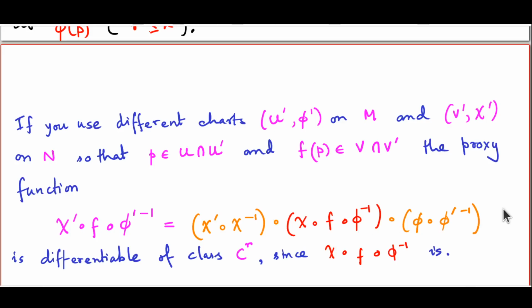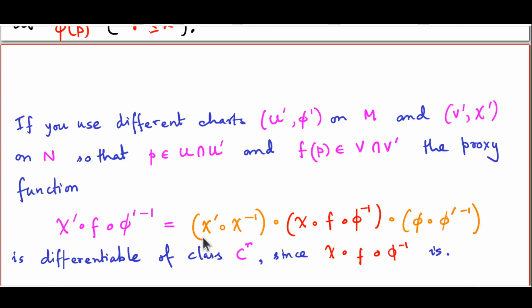Notice phi composite phi prime inverse is nothing but the transition function between the charts U prime, phi prime and U, phi on M, and because M is a C^K manifold, phi composite phi prime inverse must be differentiable of class C^K. Similarly, chi prime composite chi inverse, being the transition function between the charts V, chi and V prime, chi prime on N, must also be a C^K function.